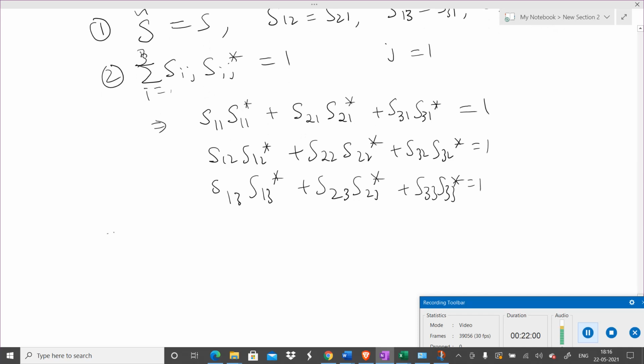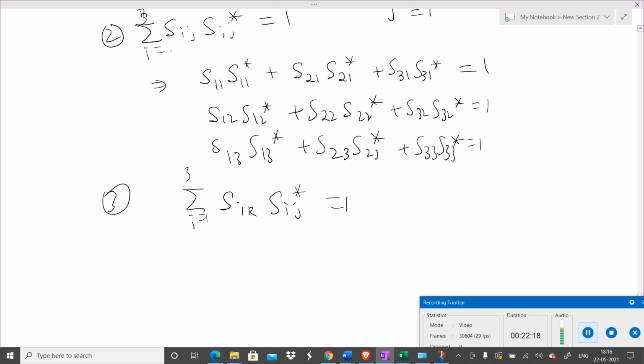Then you can apply the zero property, and you will get another condition. What is the zero property? That Sik Sij conjugate summed is equal to 0, so here you have to take different combinations.